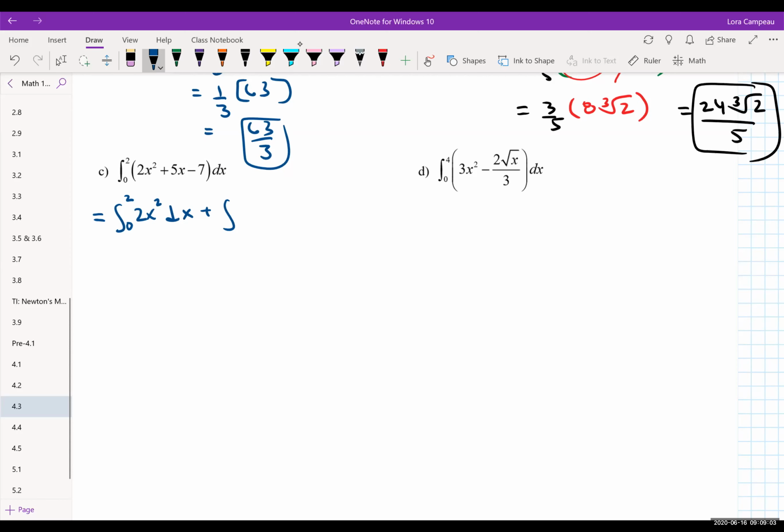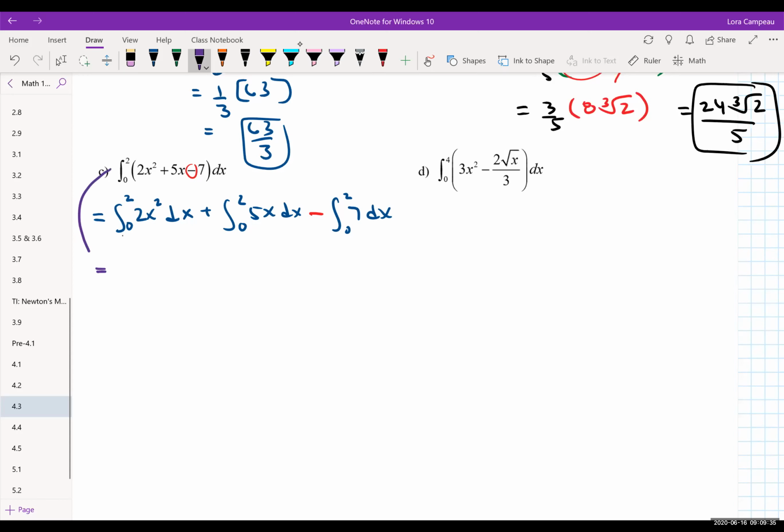Integral from 0 to 2 of 5x with respect to x, and integral from 0 to 2 of 7. And if it makes it a little bit nicer, might as well take the subtraction. If that's something you want to do, great. What I tend to do, I'm thinking about it this way. Notation-wise, you might not even see me do the split up of all these.